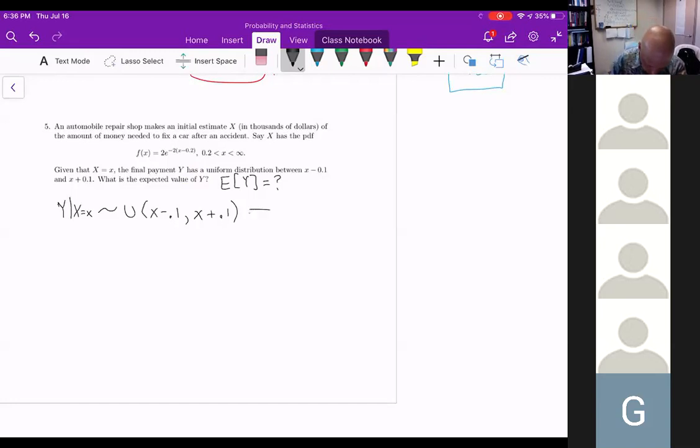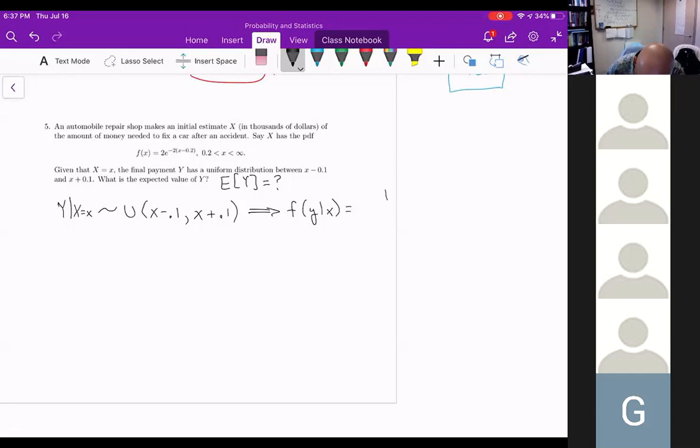Now, based on that, we know that this is a conditional distribution. And what is this PDF? Anyone remember how to get the PDF of a uniform? The uniform from a to b is 1 over b minus a.